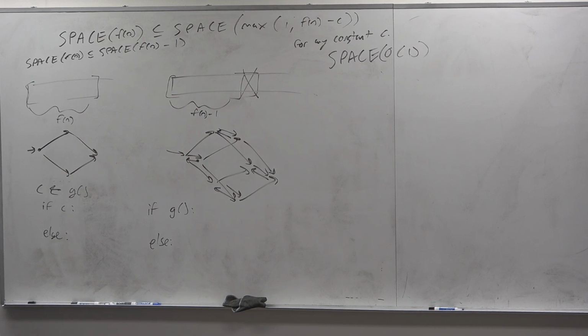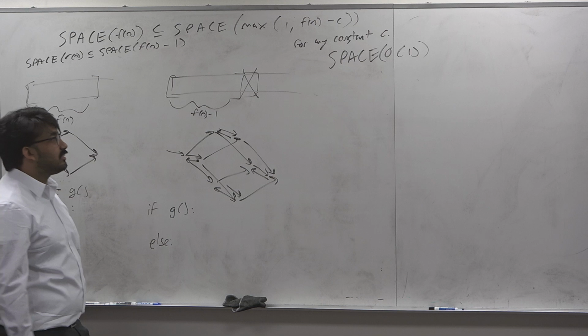What is a Turing machine without a tape? It's not a PDA, is it? Nope. A Turing machine without a tape is simply a DFA. In fact, you can argue that space of O of 1 is simply the regular languages.